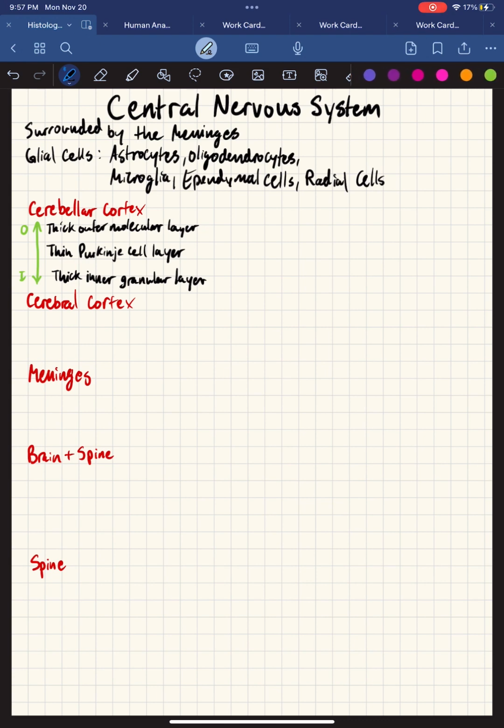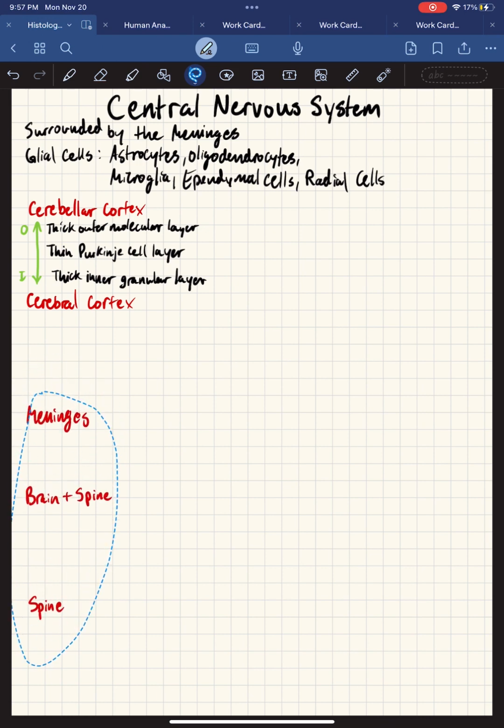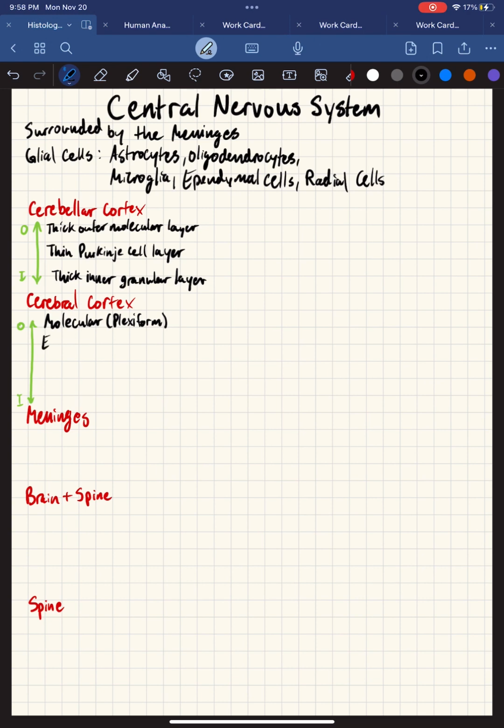Now moving on to the cerebral cortex. This actually has a couple more layers than the cerebellar cortex does. So I'm actually going to move these down to make a little bit more space. Again, same directions. We're going to start from outermost and work our way inside. We're going to start off with the molecular outermost layer, which is also called the plexiform. Then we have the external granular layer.